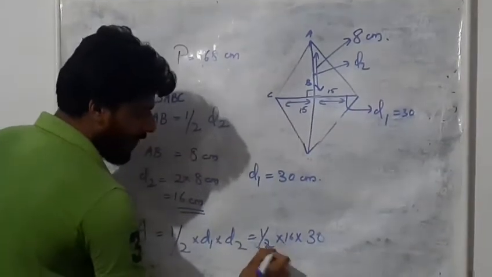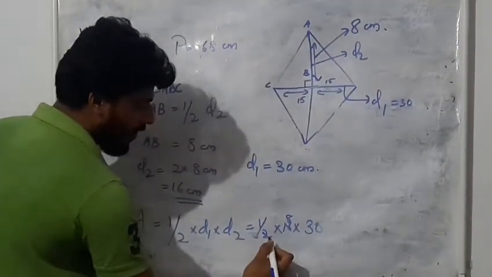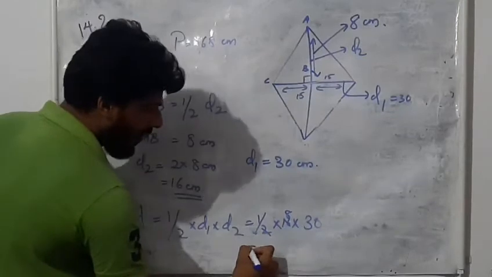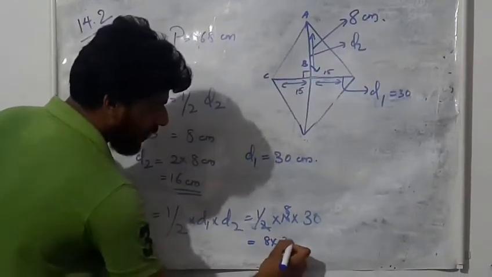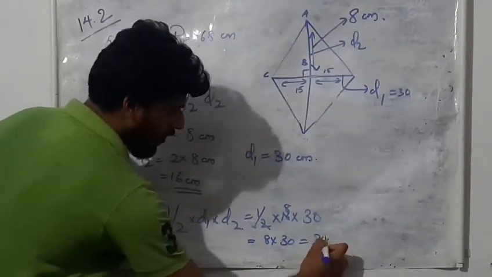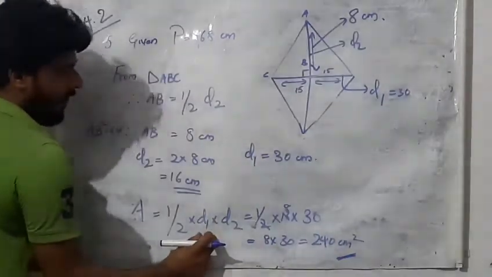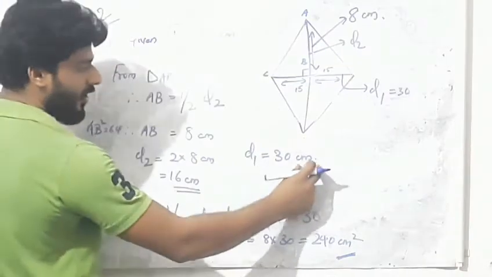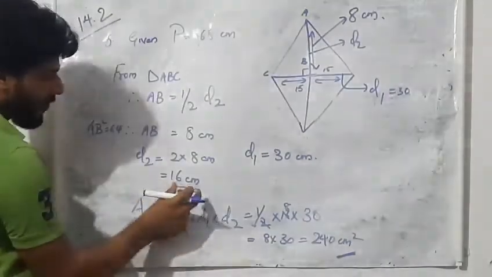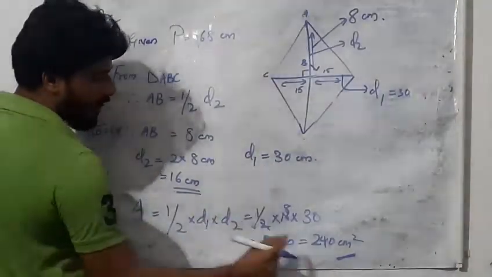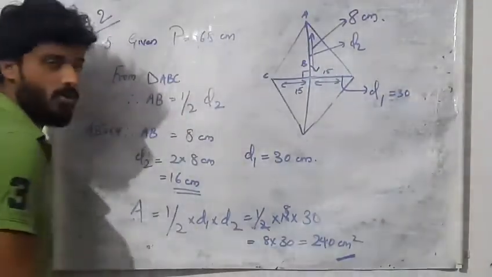Cancelling 2 and 16 by 2, it will be 8, and 8 into 30. Our answer will be 240 centimeter square. Why centimeter square? D1 is 30 centimeter and D2 is 16 centimeter, so centimeter into centimeter is centimeter square. This is the area of the rhombus.